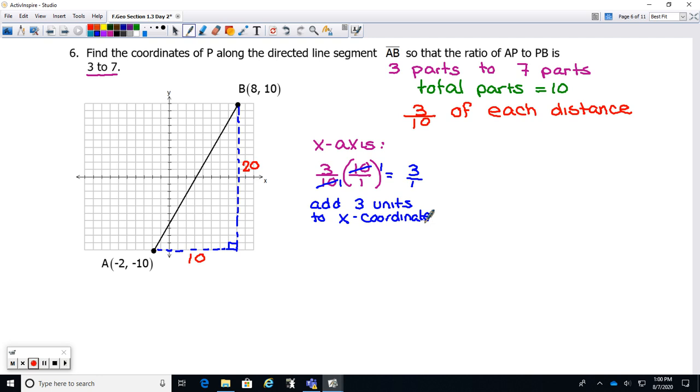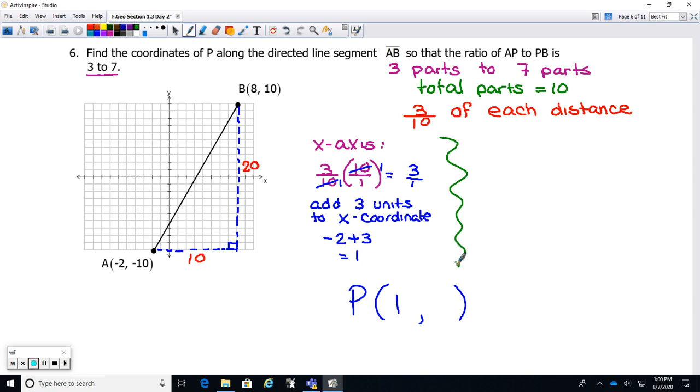And since I'm starting here at -2, I'm going to say -2 plus those 3 more units is going to give me 1. So my P is going to have a coordinate of 1 for the x.